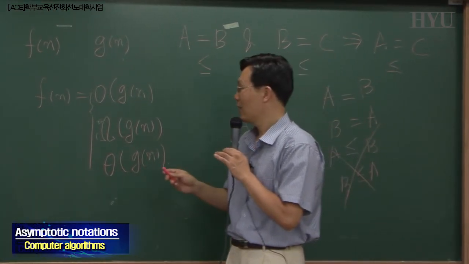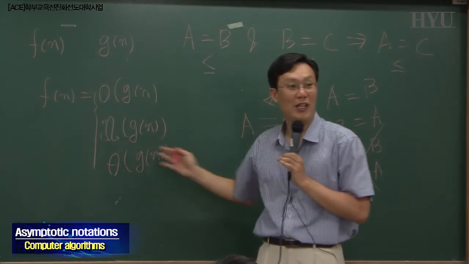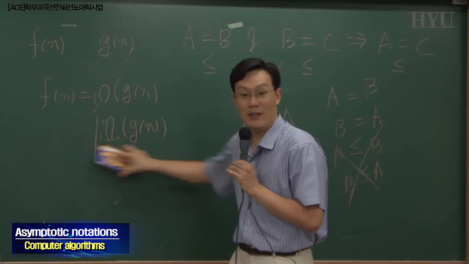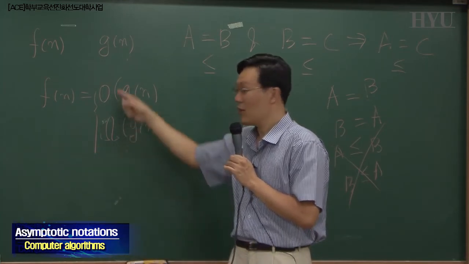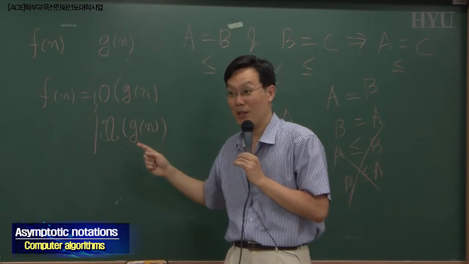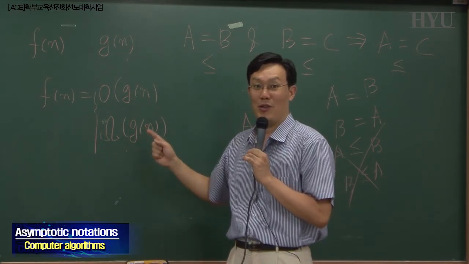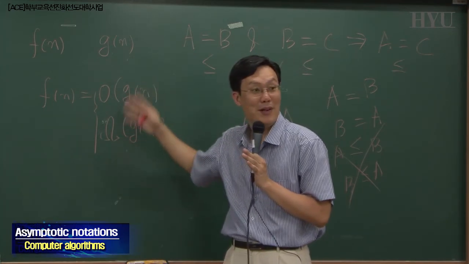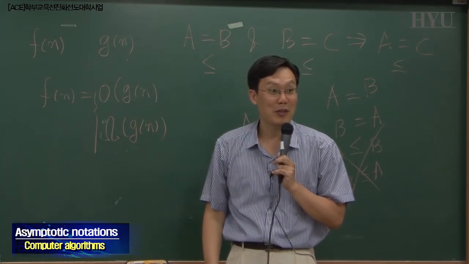Sometimes, actually, theta of g of n is not important because they include equals in big O and big omega. If they were comparable, one of them should be true.